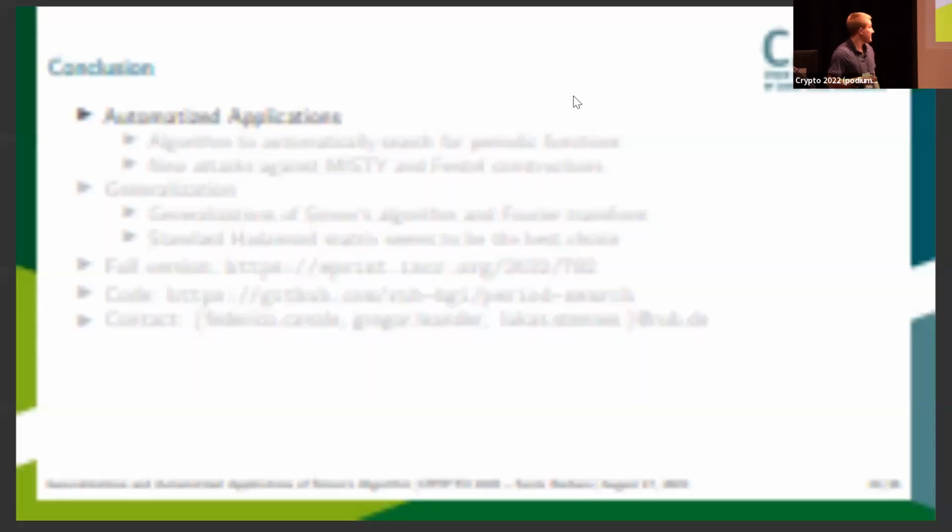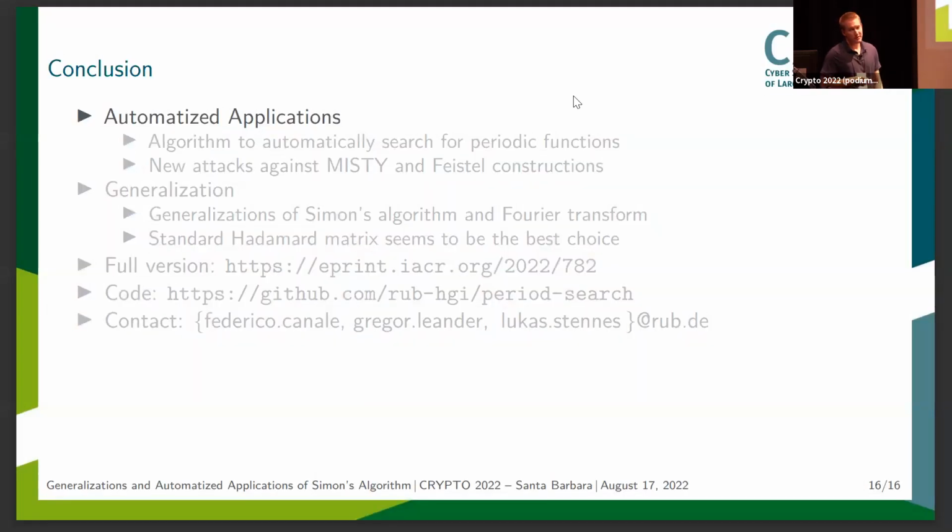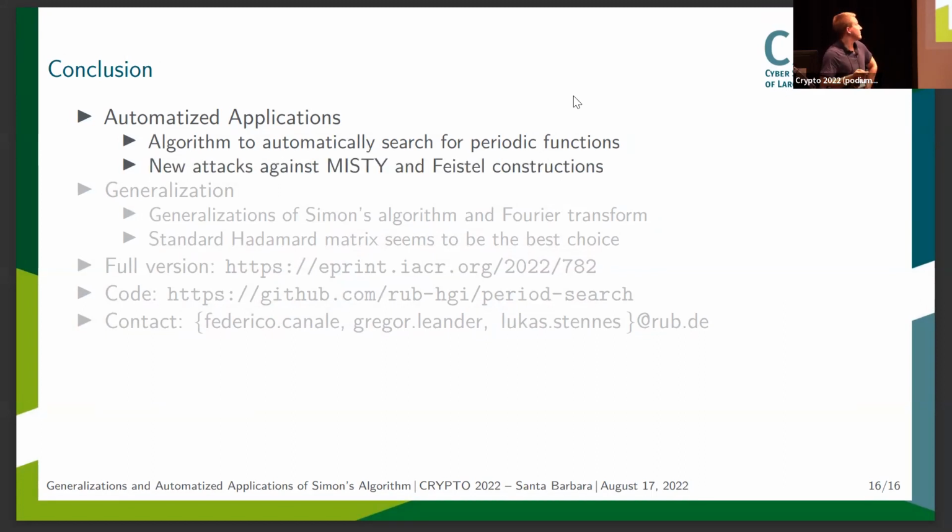Okay, so let me quickly recap the talk. We have had two contributions. First, the automatized applications, where we developed a way to automatically search for quantum attacks based on Simon's algorithm, which only take a polynomial amount of quantum queries, and we use this to find new attacks against the MISTY and the Feistel construction.